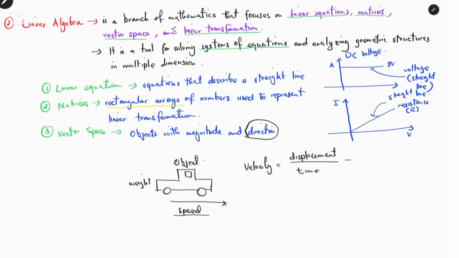And when using a linear algebra expression, we can say the velocity is equal to displacement over time. And when we talk about the speed, we say the distance over the time, and speed is equal to the distance over the time.